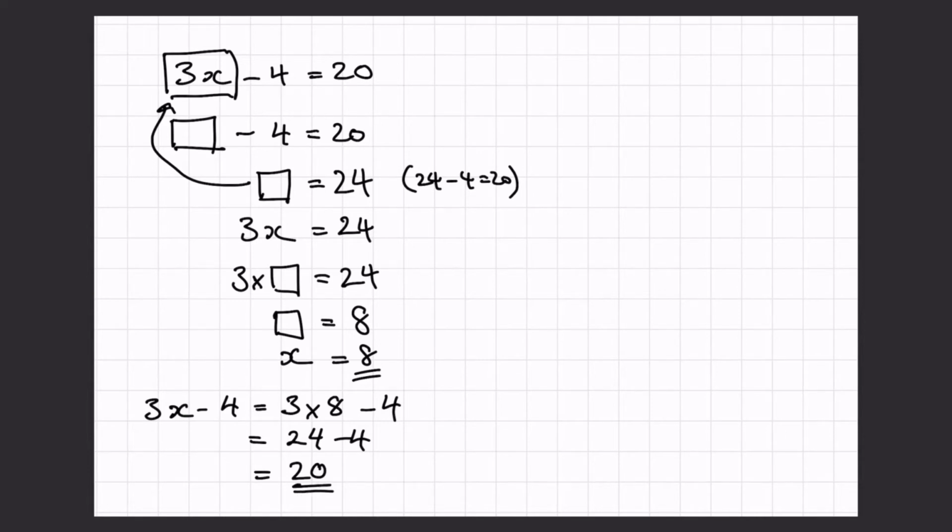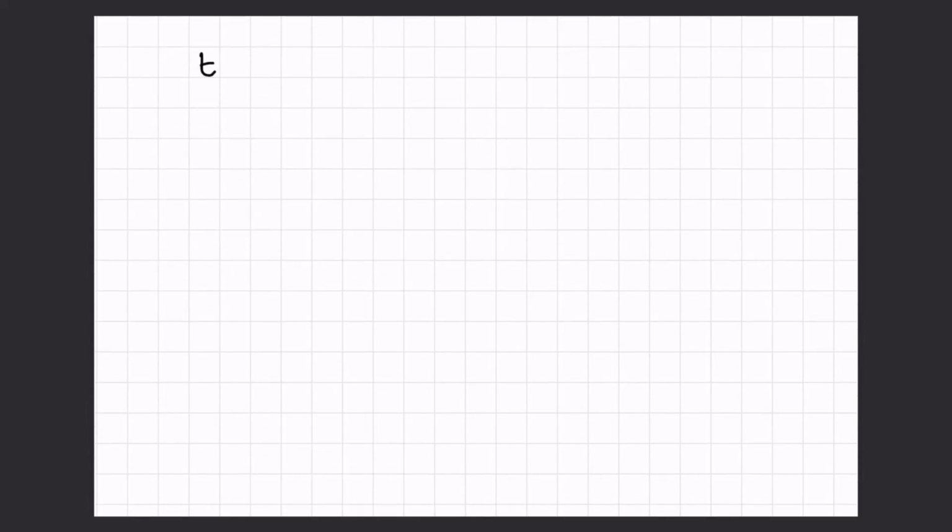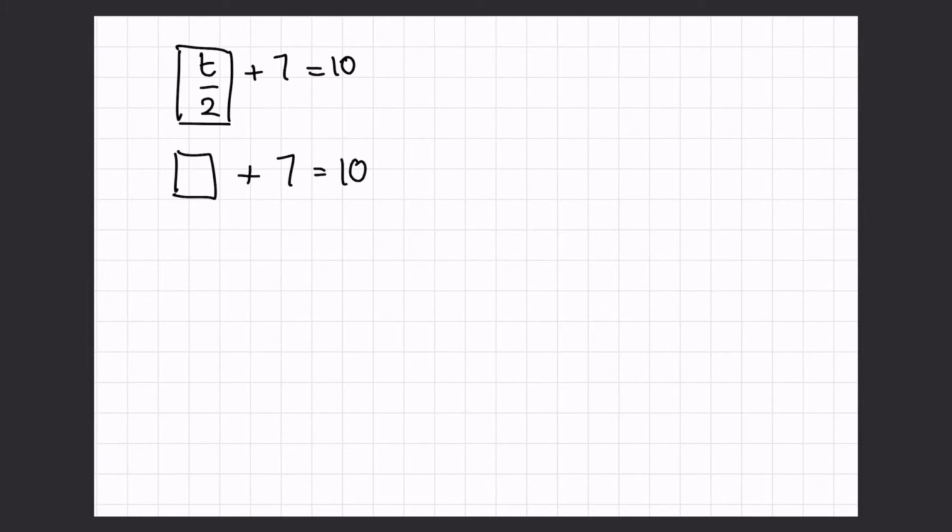And just doing one more, t over 2 add 7 is equal to 10. We put a box around our unknown. So we have something add 7 is equal to 10. That something must equal 3. But remember that something is t over 2.